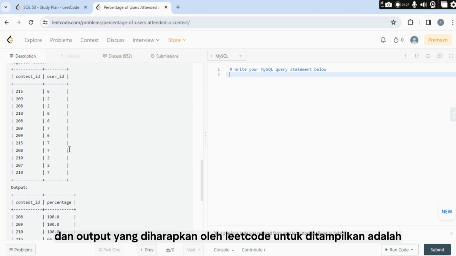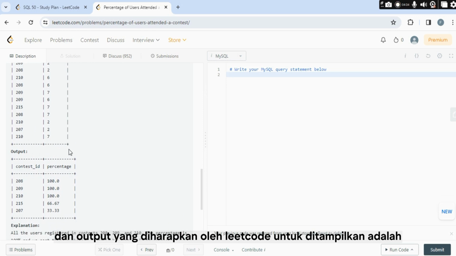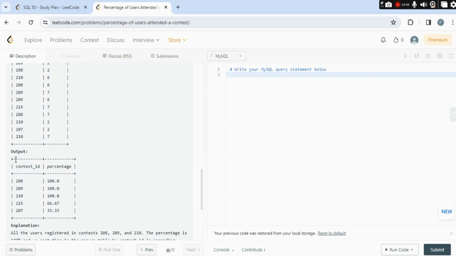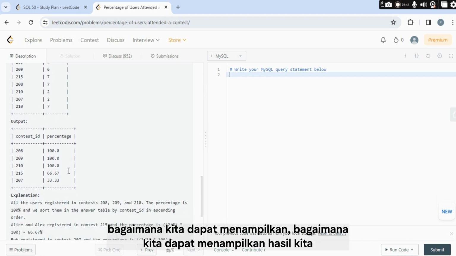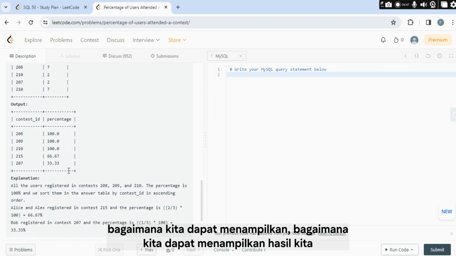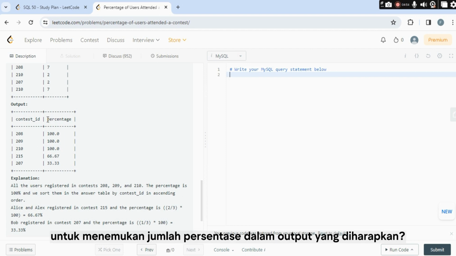And the expected output that Leetcode wants us to show is two columns, contest ID and percentage. Now, how can we get the percentage in the expected output?